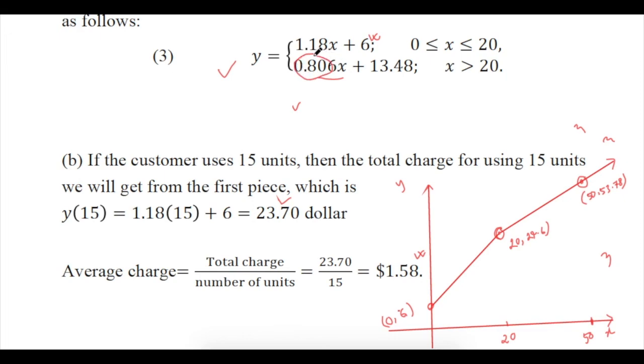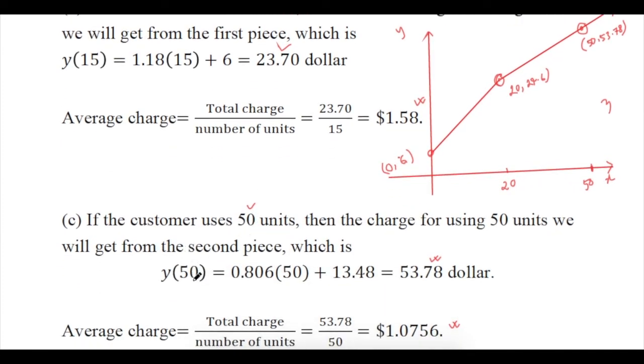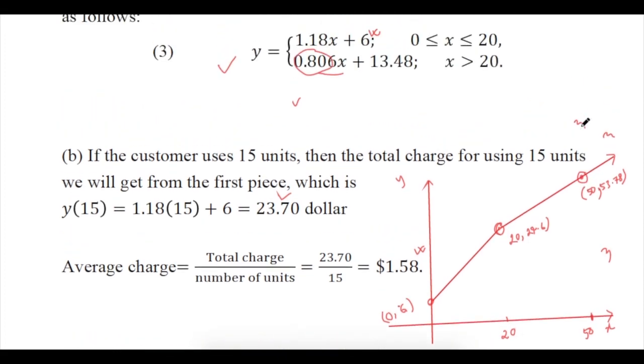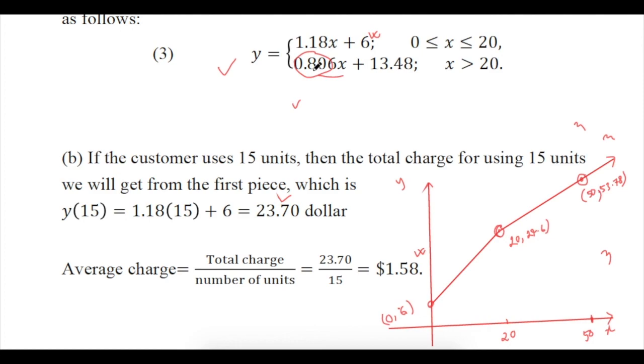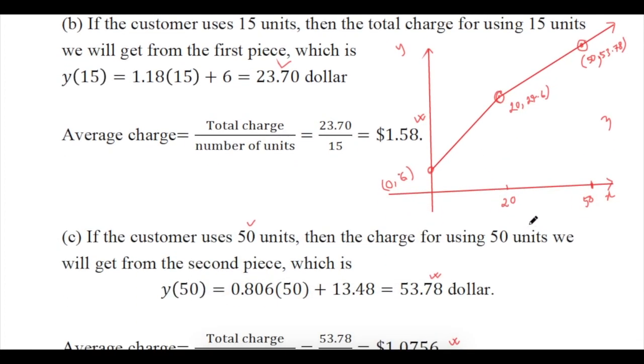And in order to draw the second line, we need another point, and we have the result here: when x equal to 50, y equal 53.78. So this is the point 50 comma 53.78. And why do I consider this point here? Because the second line I said is less steep than the first line. So this is the graph of the cost function.